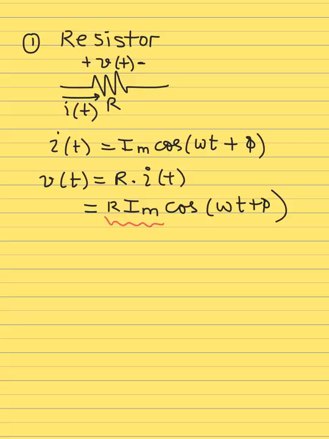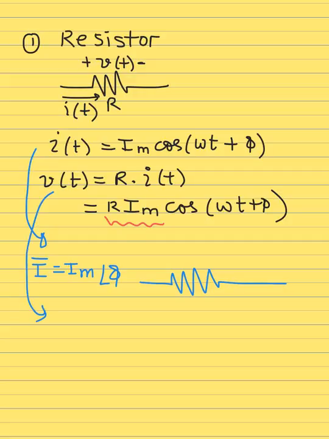Now let's say we're doing the same analysis in phasor form. In phasor form, I is given by Im to an angle of phi. And from there, V is given by R times the I phasor.